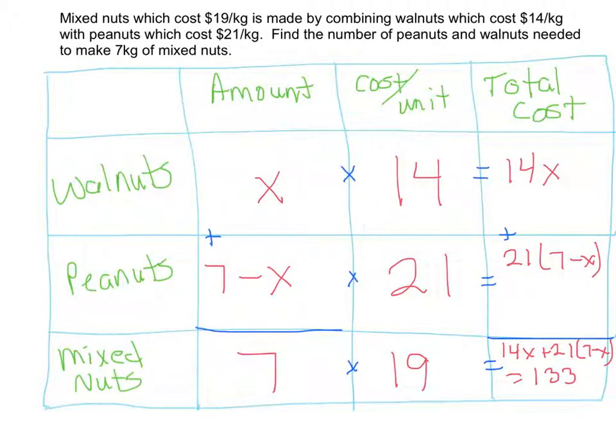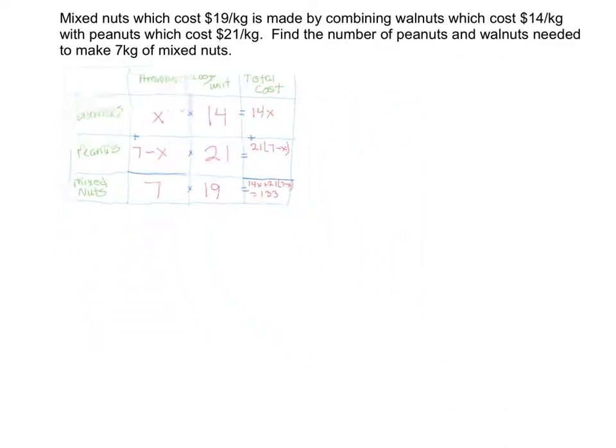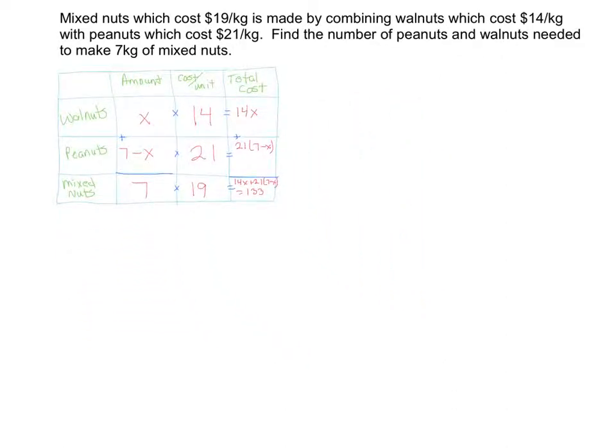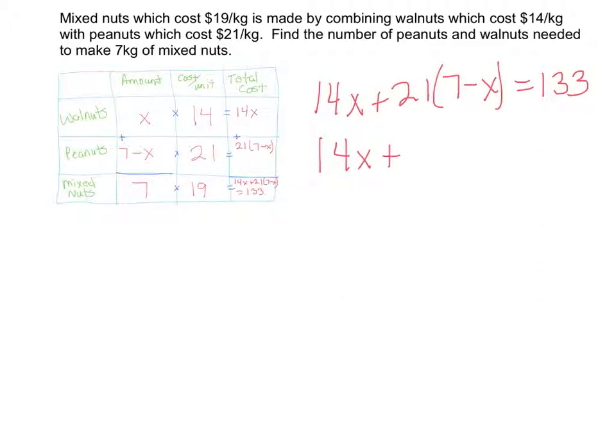Okay, now we can solve our equation. So 14x plus 21 times 7 minus x equals 133. Let's start by distributing. 21 times 7 is 147 minus 21x.